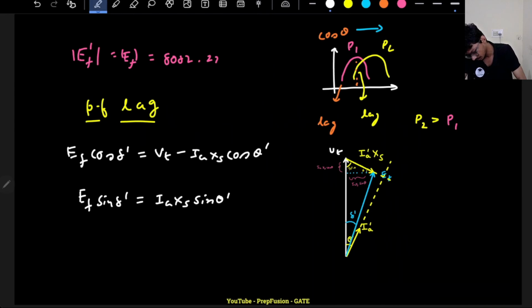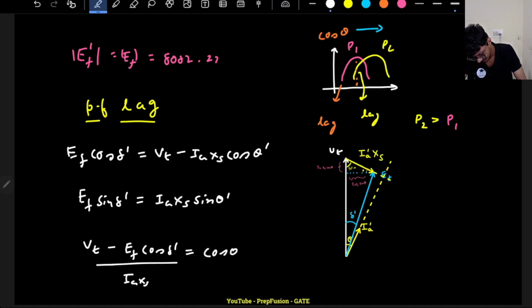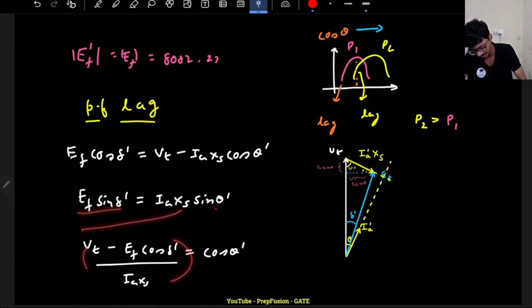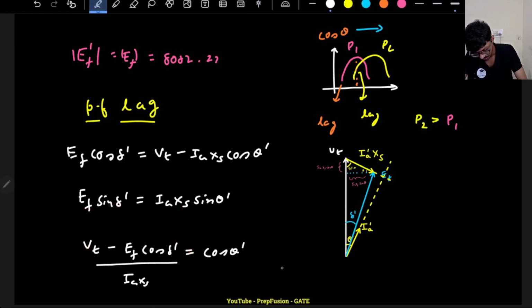One thing you can do, because I have to eliminate theta, right? Theta I don't know, so what I will do: Ef cos delta minus Vt, minus Ef cos delta dash, divided by Ia Xs, equals cos theta dash, and your sin theta dash equals this divided by Ia Xs, and I will square and add them up, so I will get my answer as delta.